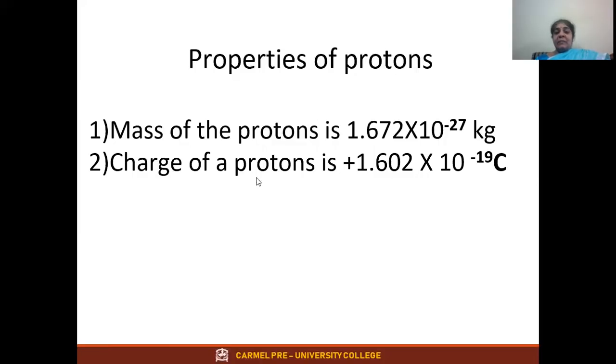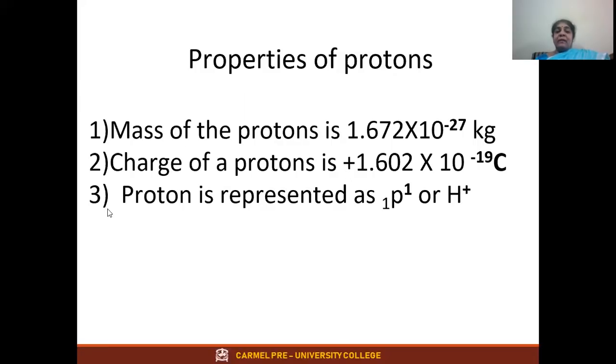See here, the charge of a proton and the charge of an electron have the same value: 1.602 into 10 power minus 19. But the charge of a proton is positive, the charge of an electron is negative. That is the difference between them.